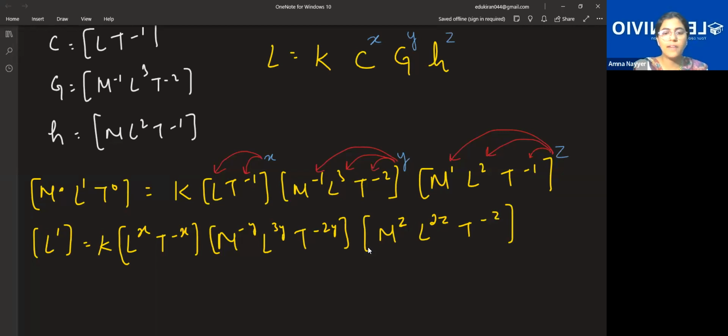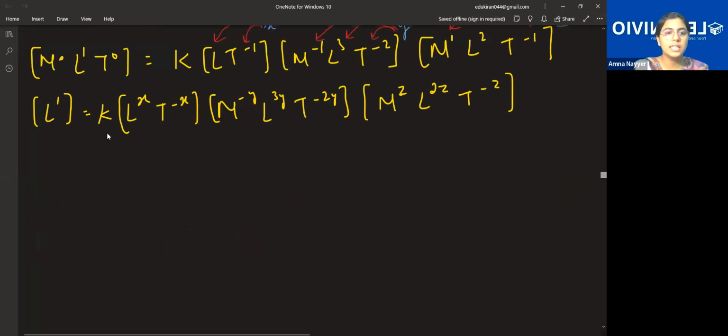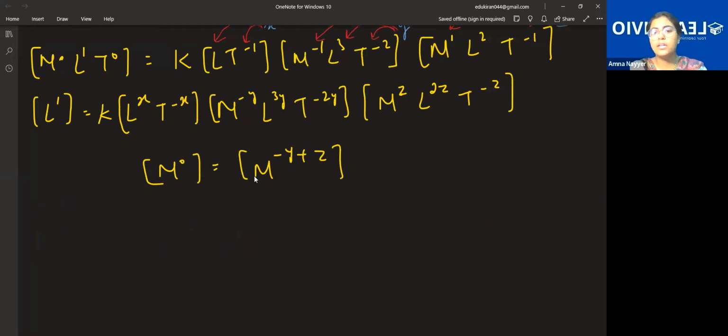Right now we have to equate all the variables. First, let us equate m. M is 0 here. This side m is -y plus z. So from here we have -y plus z is equal to 0. So from here you can say z is equal to y. Both the values will be equal.